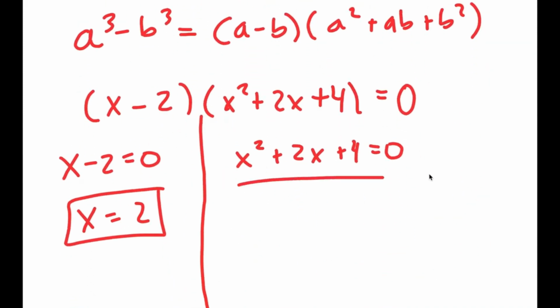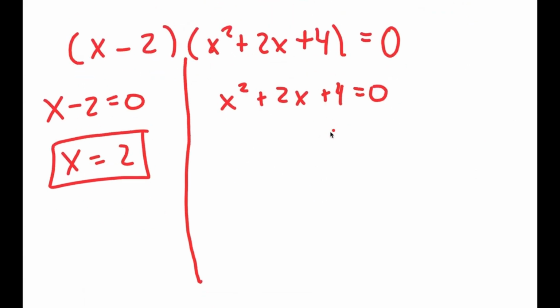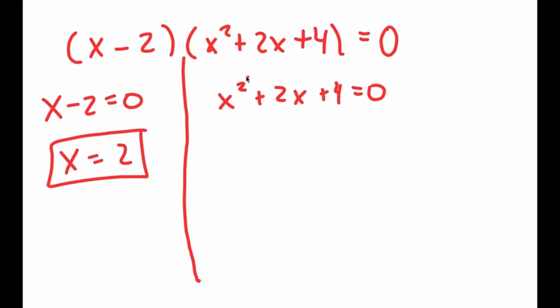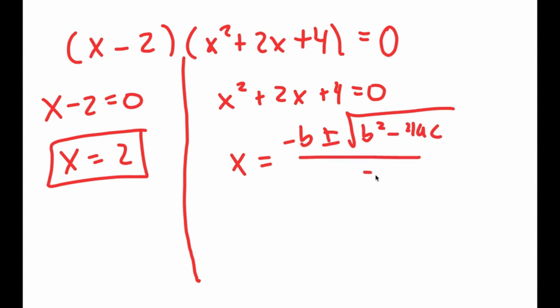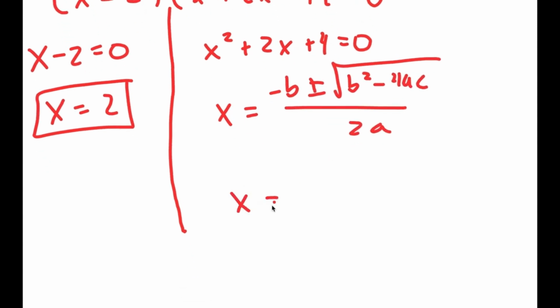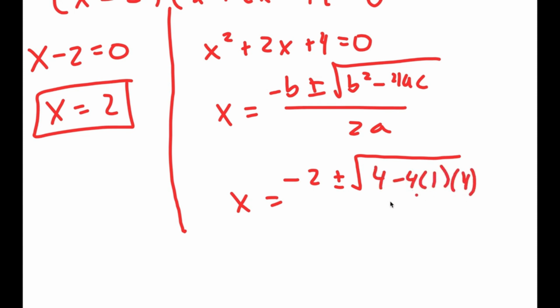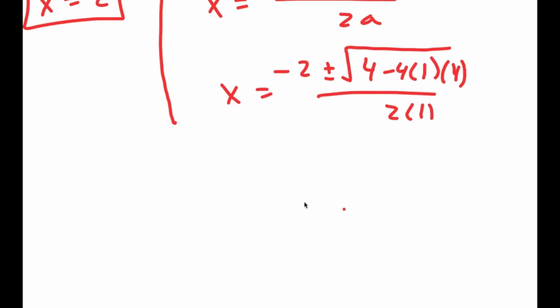But now see, on top of this, we have a whole other equation with 2 more solutions because it's a quadratic equation. So to solve this, I'm going to use the quadratic formula. So I get negative 2 plus or minus the square root of 2 squared, which is 4, minus 4 times a, which is 1, times c, which is 4, all over 2a, so 2 times 1.